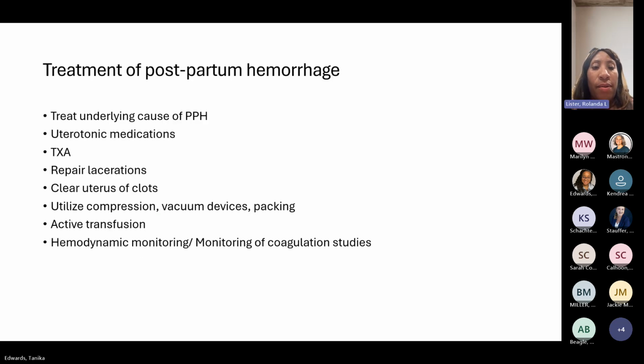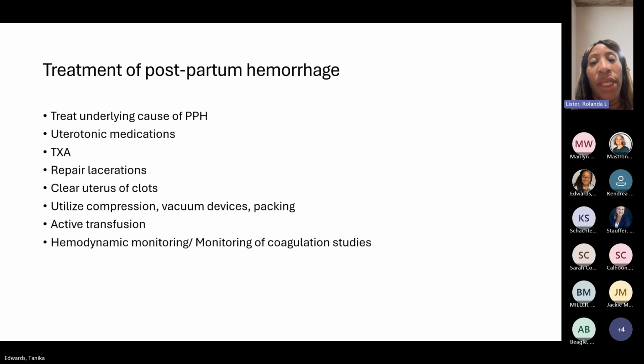Okay, so we went through the treatment and all of the active transfusion, and sometimes it can be tempting to wait. A mother can compensate really well before she has hemodynamic collapse. So you want to really replace what is lost. You don't necessarily have to wait for labs to know whether or not the patient needs to be transfused.